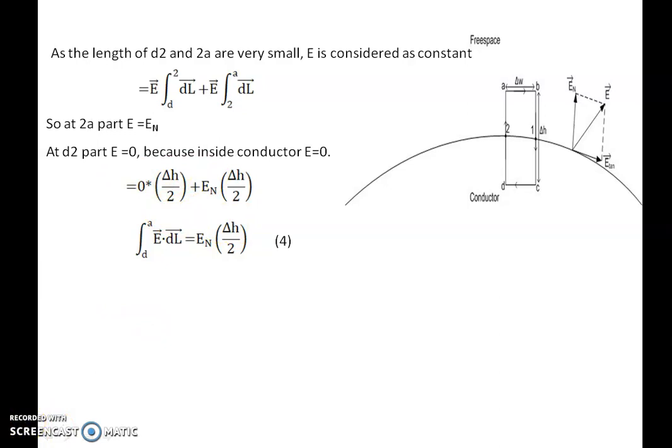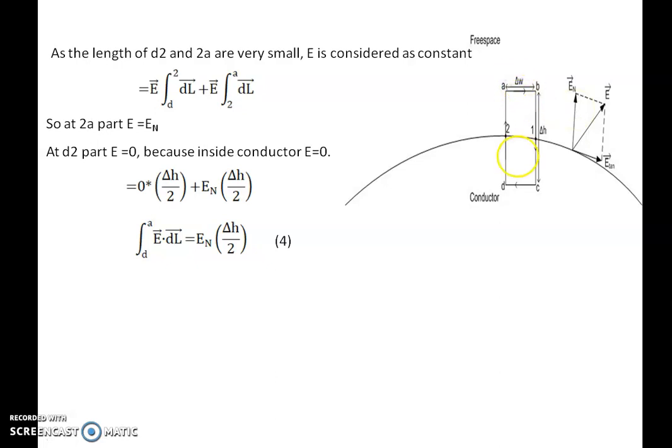Next we will find the field corresponding to path B to C. Here the direction of the path is from B to C, so the direction of the field along it is opposite to this normal component En. So it is the negative of the normal component.